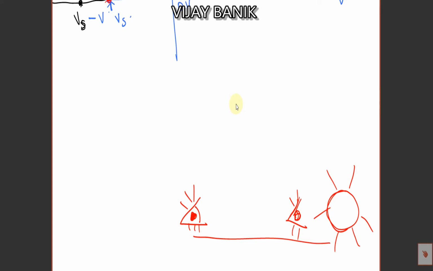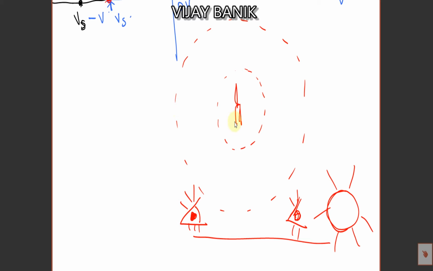Why? Let's take an example of a candle. The intensity spreads like a sphere, like a three-dimensional sphere. Imagine this not as a circle but as a sphere. So the further you go from the candle light, the less the intensity becomes.